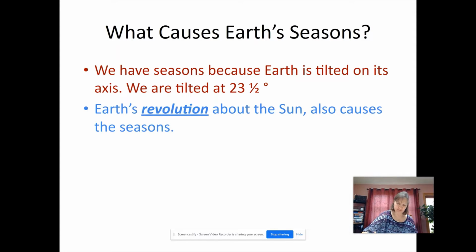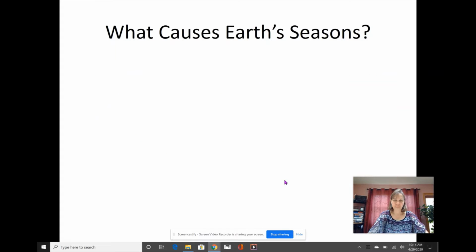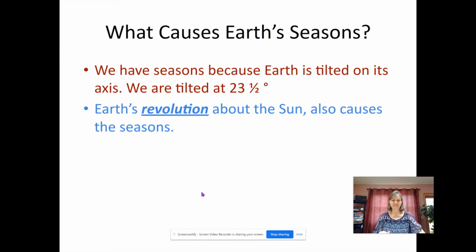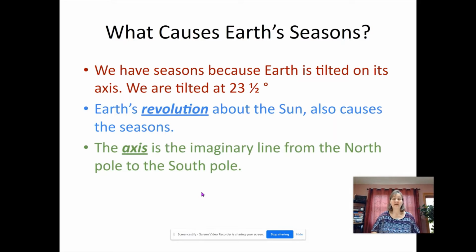And yes, you are copying this as well. One more thing to copy. The axis is the imaginary line from the North Pole to the South Pole. Now, we actually already wrote that definition previously in our notebook, so it's up to you if you wish to copy that again. But we did write that down in our previous lesson.